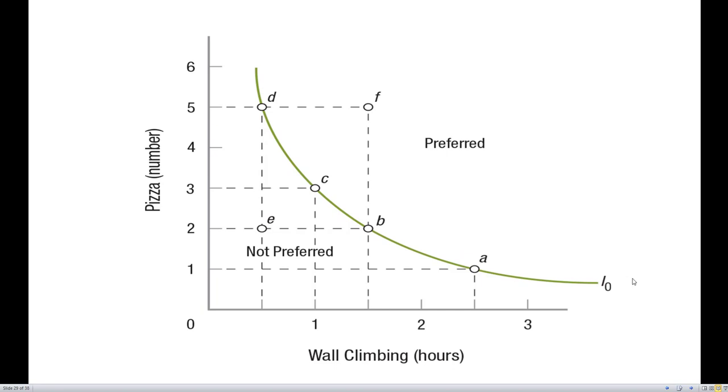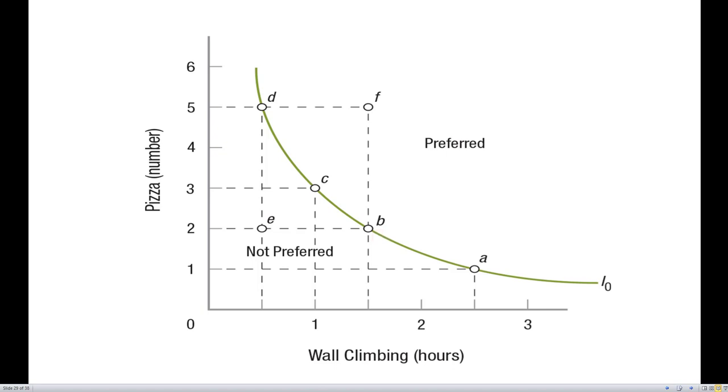And the indifference curve, as you can see right here, shares many of the same properties as our PPF. So why would something like point E be considered not preferred to anywhere on the indifference curve, say maybe C, D, B, or A? So something on the inside or to the left of this indifference curve is considered a not preferred bundle, essentially because you have more of one of these goods in any of these instances.